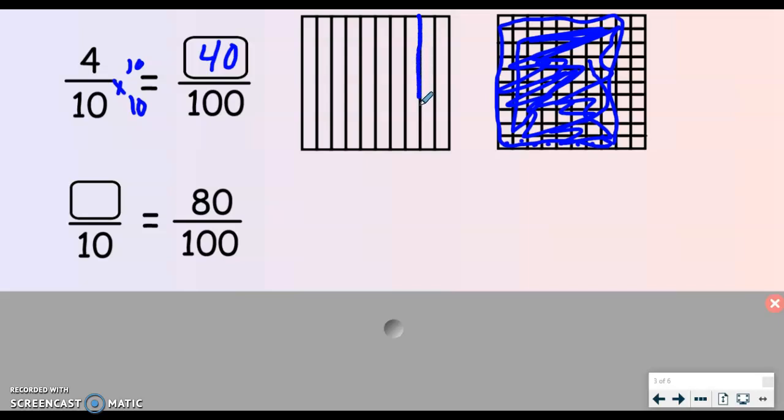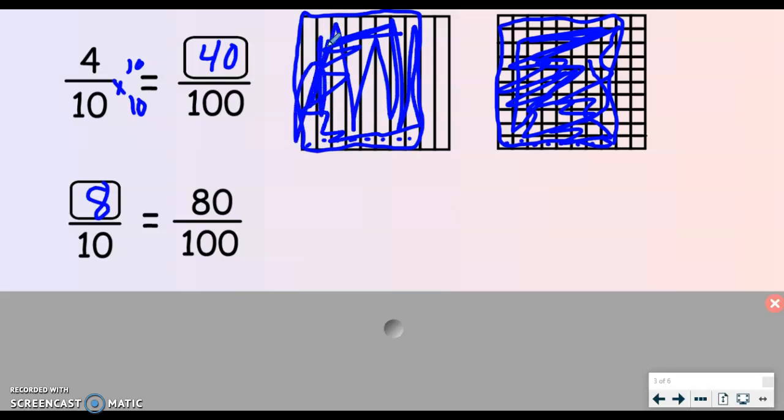So here if I'm just counting the tenths, 1, 2, 3, 4, 5, 6, 7, 8. So 8 tenths would be your answer there. Or again, we can divide. So 80 divided by 10 and 100 divided by 10 would also give us 8 tenths.